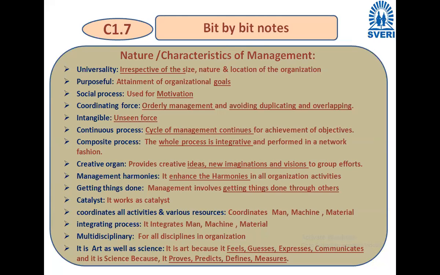Coordinating force is one of the characteristics. So orderly management is there, avoiding duplication, avoiding overlapping. Friend, if there is no good management, then what will happen? Duplication of the activity will happen. Suppose one person is asked to design so and so component, an engine component. If you do not have proper coordination, then what will happen? Another section may also work on the same task, and manpower will unnecessarily get wasted.